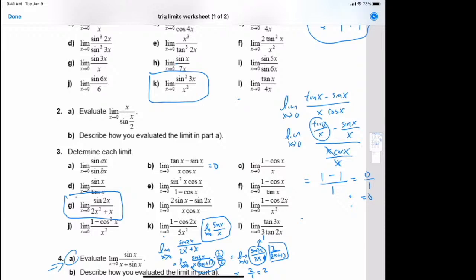Oh, I got 2 people's work. Hold on a second. I got Carrie's work. Carrie says 3, but it's actually 9. But that's okay. That's good work. Did anybody get 9? Oh, a lot of people got 3. Oh, okay. So the idea is you cannot square root things separately.